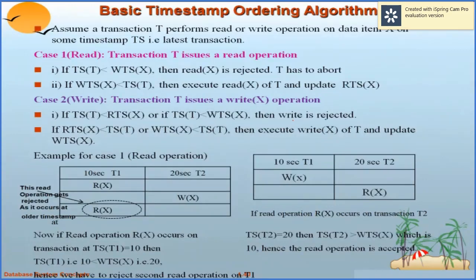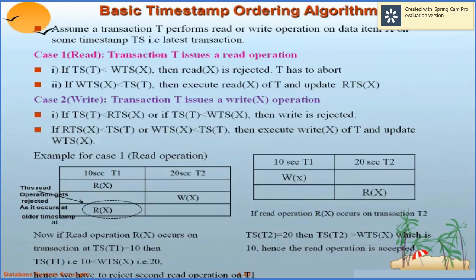So let's see what this algorithm is about, and what the different cases are, under which condition the transaction will proceed and under which condition the transaction will fail. You have two different cases, each with two sets of conditions, and each condition guides the engine to either proceed or abort. So let's proceed.